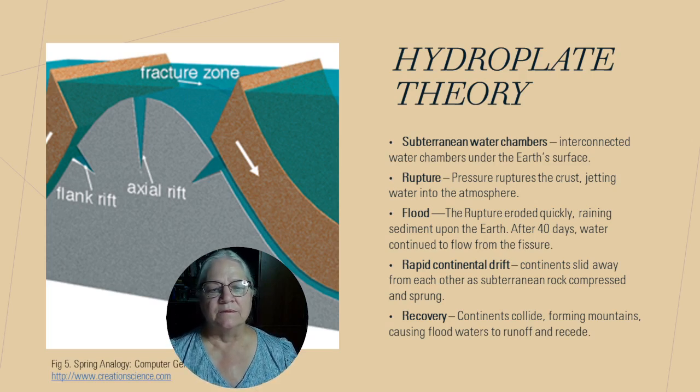At that point, we have recovery of the continents, where the mountains are forming through the contraction and stretching and contraction of the continents, as those mountains were formed, causing the floodwaters to rain off and run back down into the ocean. And still today, you can see large valleys where water had run back down into the ocean and filled all the rifts and valleys that were created by this mega event.